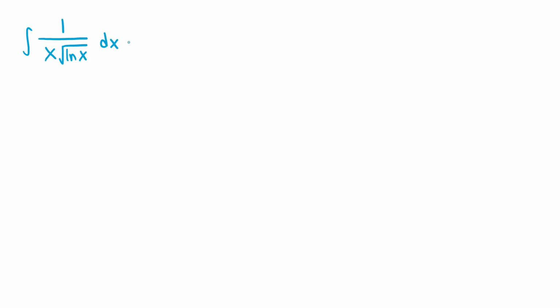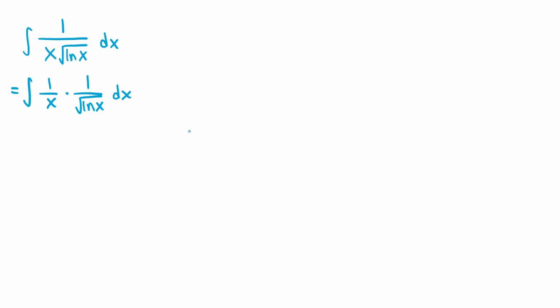So what if we have the integral of 1 over x times the square root of ln x dx? Well, what we can do is separate the 1 over x from the rest of the expression and rewrite this as the integral of 1 over x times 1 over the square root of ln x dx. So now we have 1 over x multiplied by another expression entirely in terms of ln x.